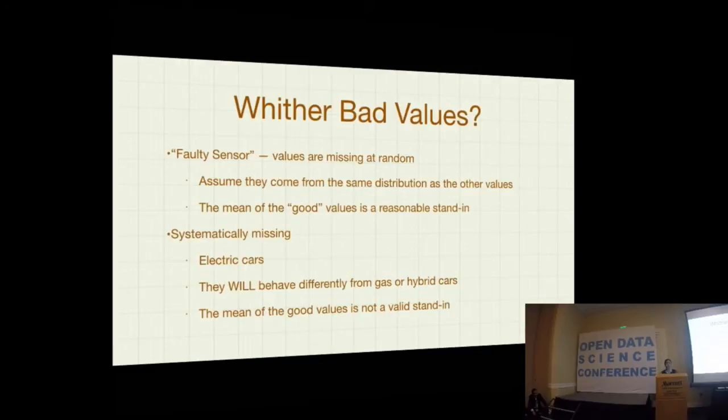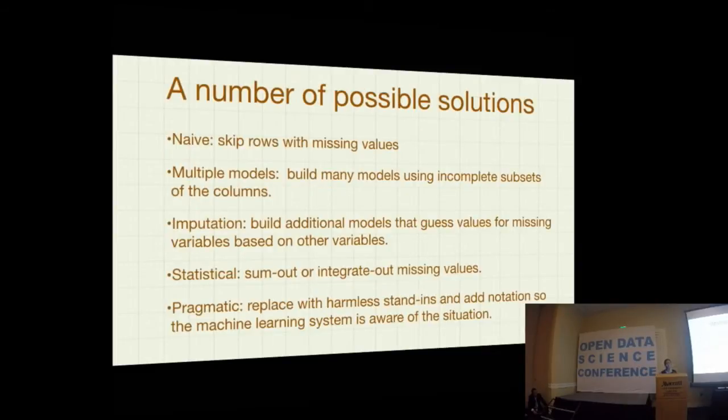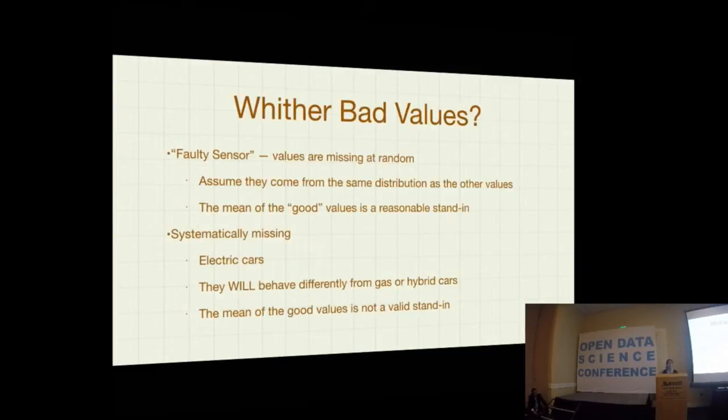And it's just random. With a faulty sensor situation, what you usually tend to assume is that data that is missing has the same distribution as the other values, it just happened not to get collected. In that situation, you can actually infer what that value might be by looking at what you have actually observed. So the mean of the value might actually be a reasonable stand-in.